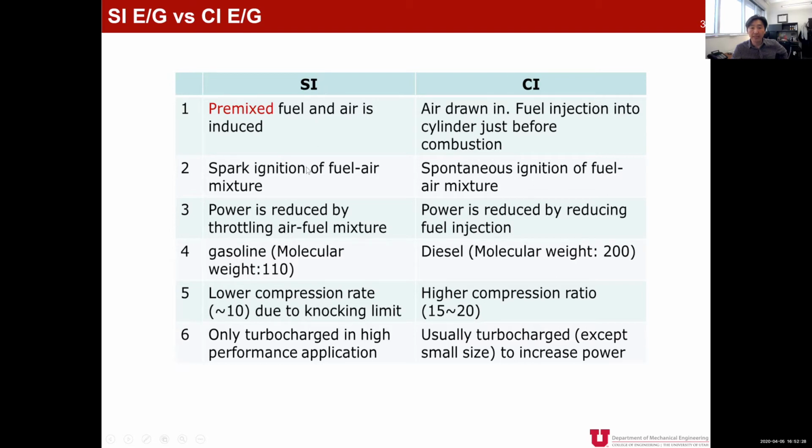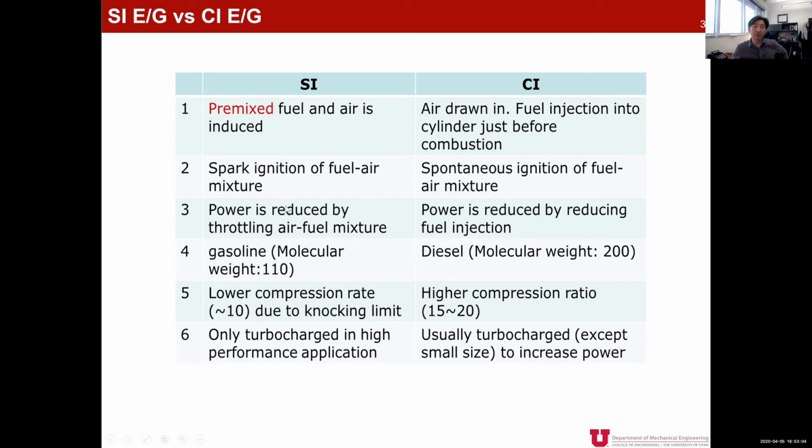Because the SI engine has a spark plug, and this spark plug ignites the flame, and this flame propagates to make the combustion process. However, in the CI engine, we don't have any spark plug. Because the air is already highly pressurized, which means at high temperature, it is already higher than the spontaneous ignition temperature. So as soon as fuel is injected, the flame auto-ignites everywhere to make the combustion process.